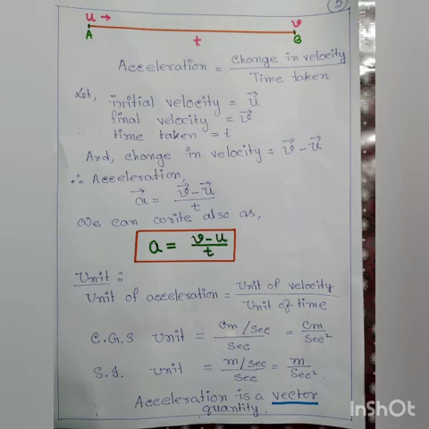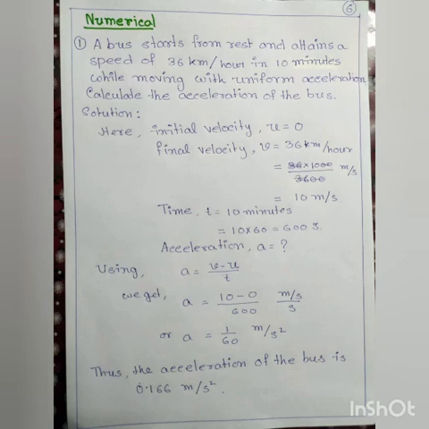Now let us discuss one numerical related to acceleration. A bus starts from rest and attains a speed of 36 km per hour in 10 minutes while moving with uniform acceleration. Calculate the acceleration of the bus. Bus starts from rest means the initial velocity u is equal to 0 and final velocity v is equal to 36 km per hour.